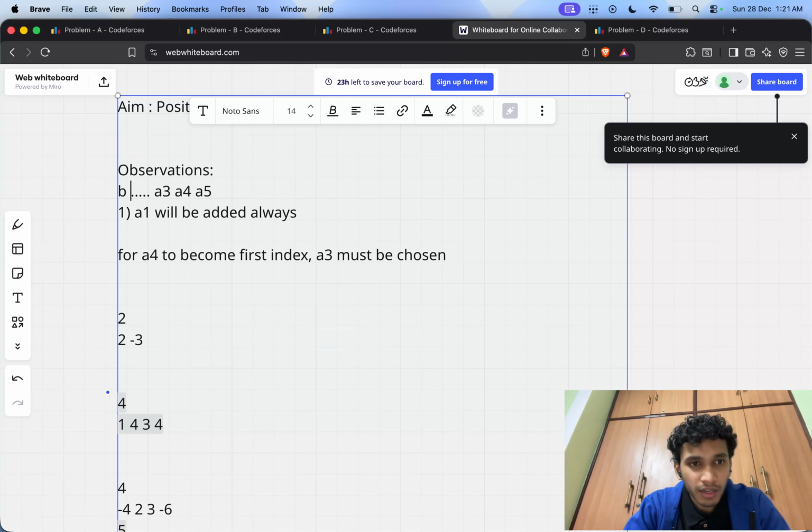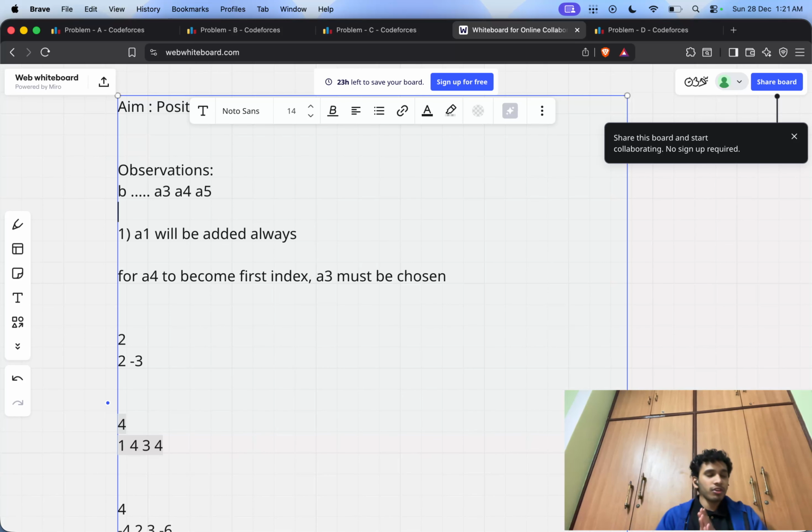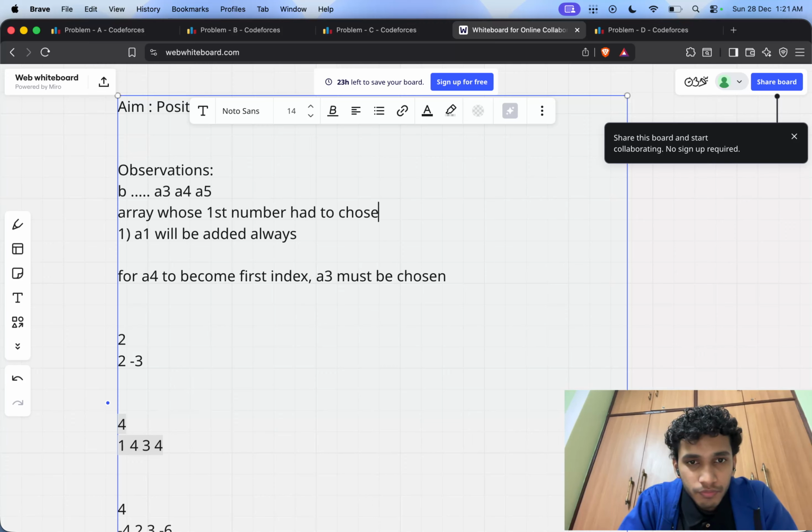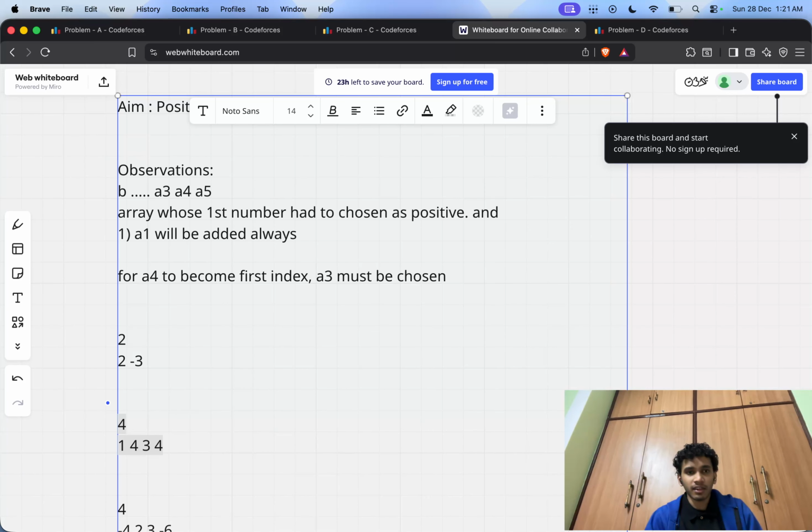Can you see that the scenario is just like the previous scenario? In the initial scenario, we had an array whose first number had to be chosen as positive, and the second was to be chosen as negative.